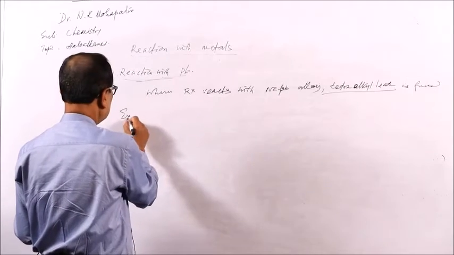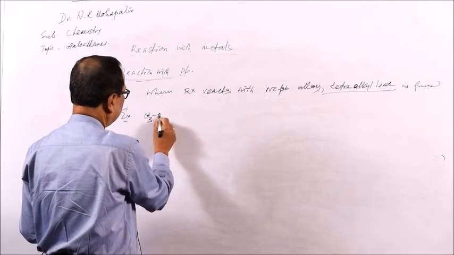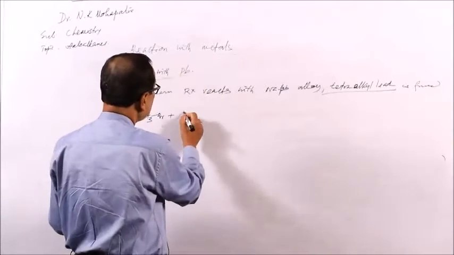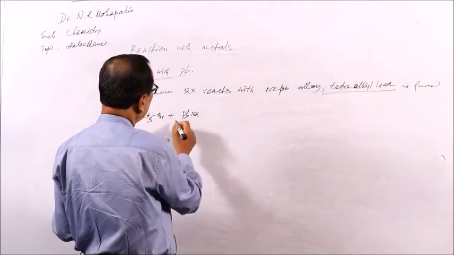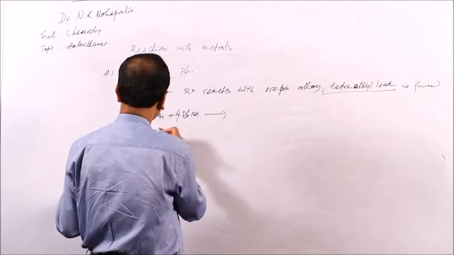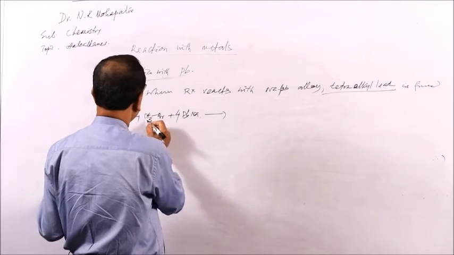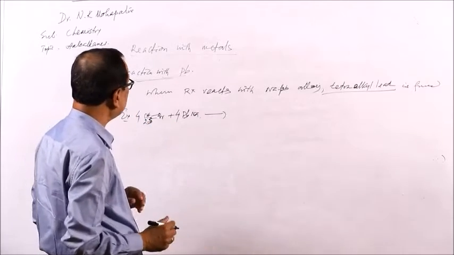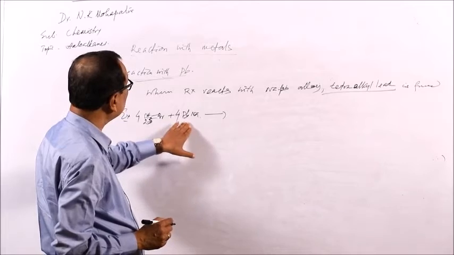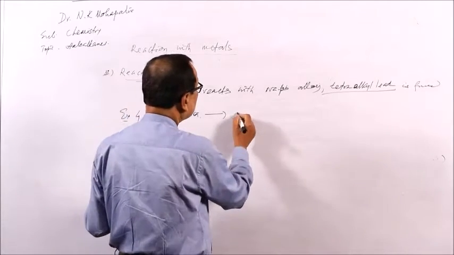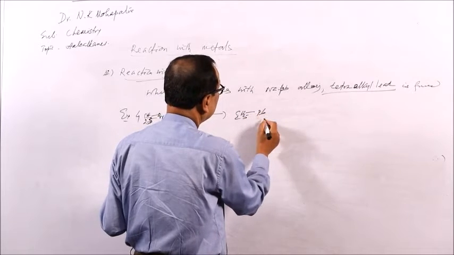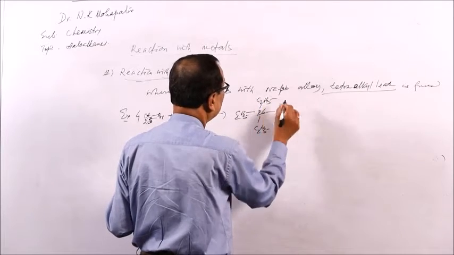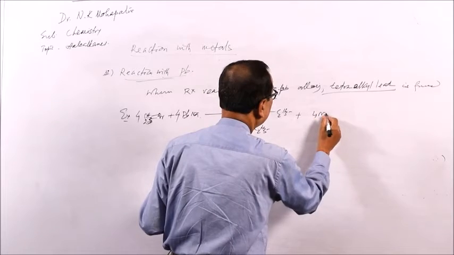For example, when ethyl bromide is treated with an alloy of sodium and lead, Pb-Na 4, we get (C2H5)4Pb plus 4NaBr.